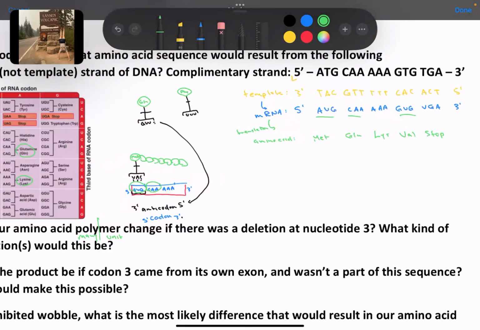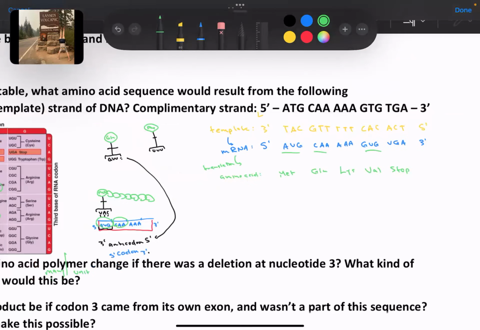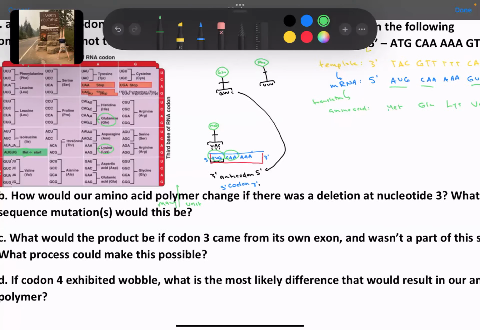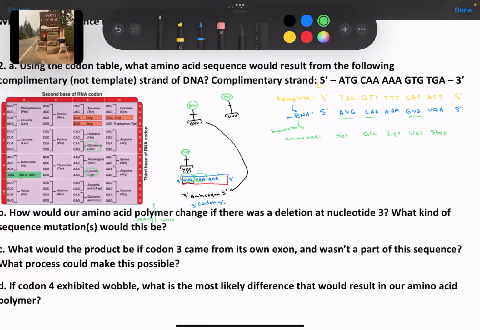Also, DNA is a polymer. It's made of many units of nucleotide bases. So our amino acid polymer is simply a long chain of amino acids. How would our amino acid polymer change if there is a deletion at nucleotide 3?